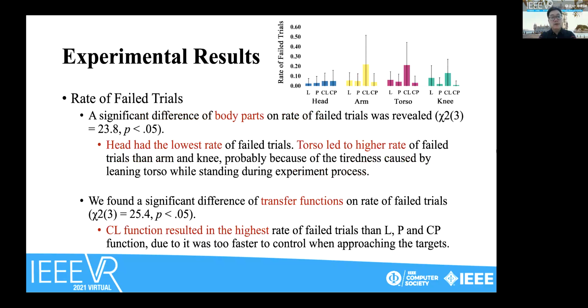And for the rate of failed trials, a significant difference of body parts and transfer functions was found. The head had the lowest rate, while the torso led to a high rate, probably due to the tightness caused by leaning the torso while standing during the experiment. And the CL function resulted in the highest rate, then the other three functions, due to it being too fast to control when approaching the targets.